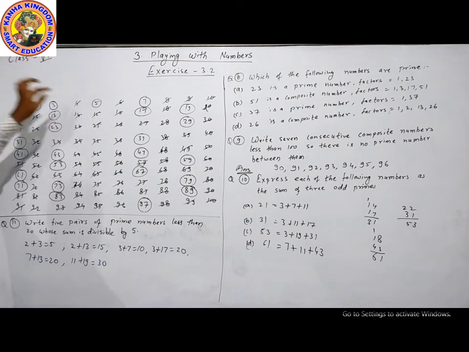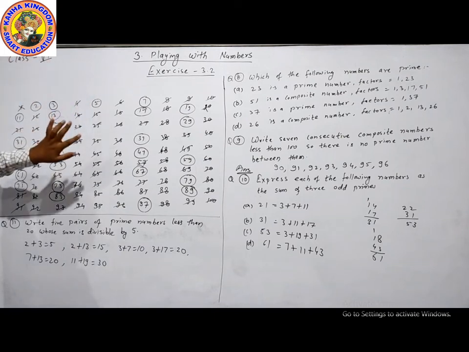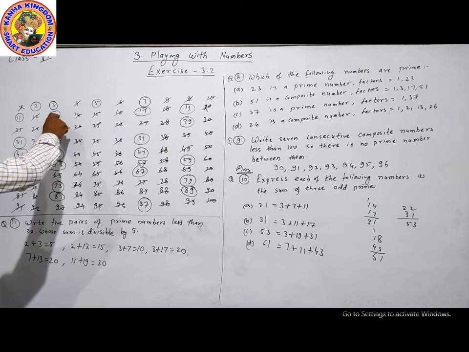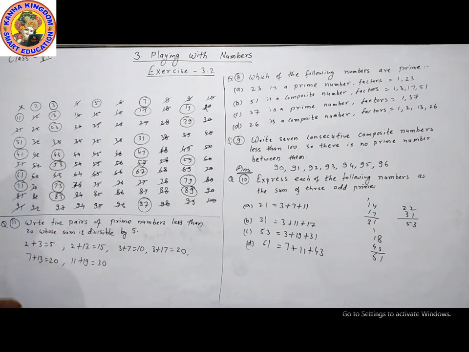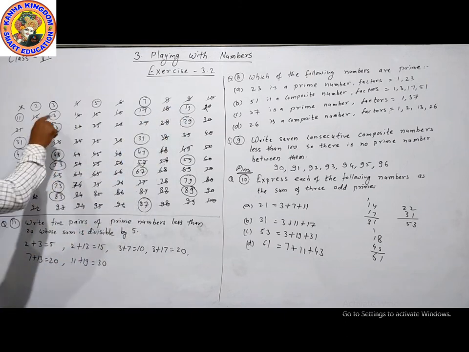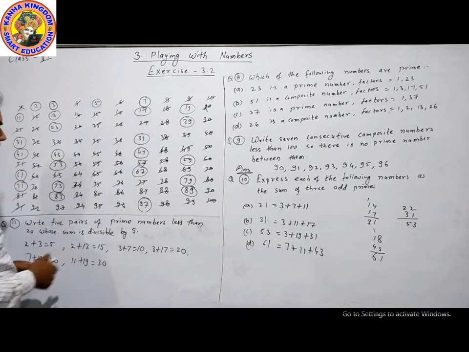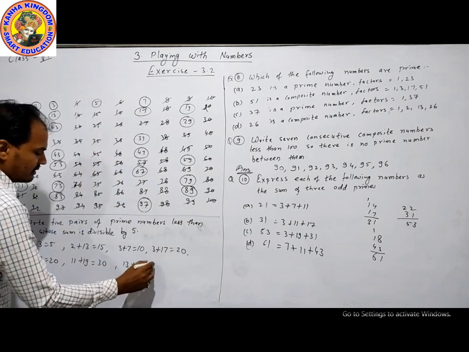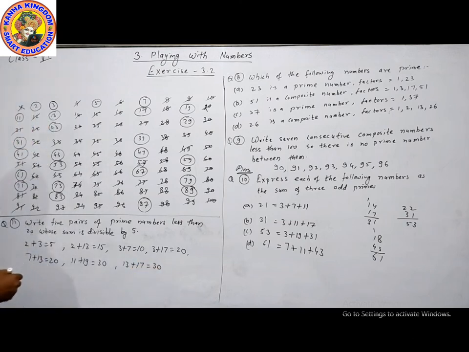Now 5, no one can be added to 5 to be divisible. Now take 7 and 13, which is 20. Now we will take 11 and 19. Now we can take 13 and 17. This is 30.